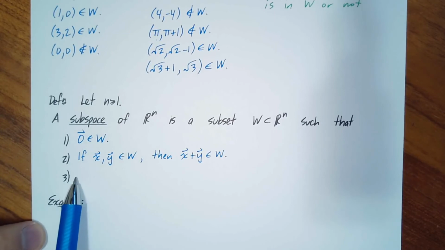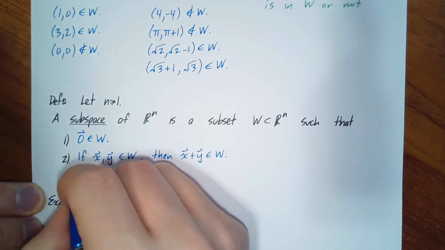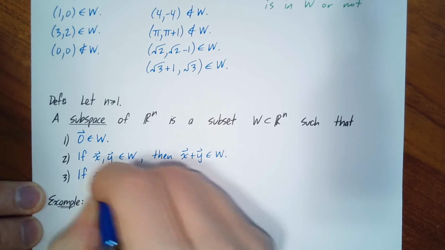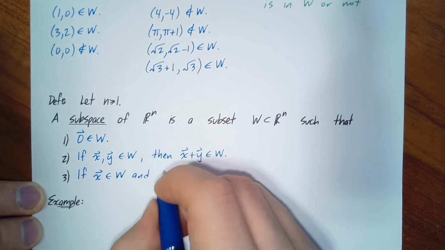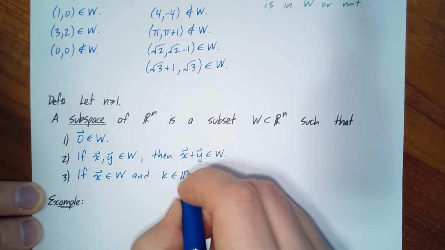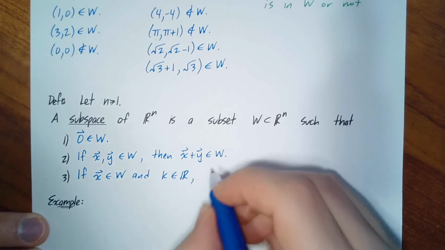In ordinary language, this is referred to as a subspace must be closed under scalar multiplication. So here's how it works. If you have a vector x in W and some scalar k, then if you multiply that vector x by the scalar k, the result has got to be in W as well.